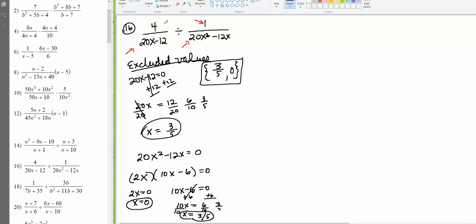Okay. Now, for this problem, remember, for division, you have to keep, you have to change, and you have to flip. So keeping the first fraction, 4 over 20x minus 12 times, flipping the fraction, notice that I'm going to write this in factored form.